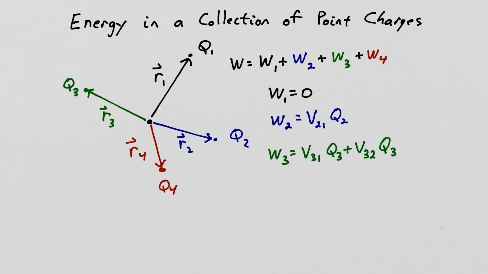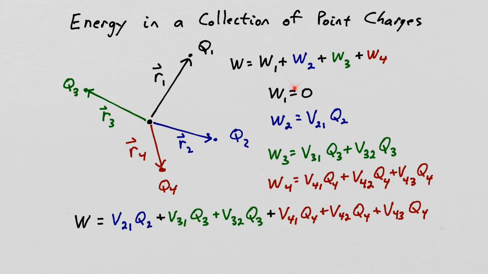So the amount of work to bring in Q3 with Q1 and Q2 present is just V sub 3(1) plus V sub 3(2) times Q sub 3. And similarly to find the work to position Q sub 4 if 1, 2, and 3 are already there. Summing these 4 energies, we get the amount of work to position our 4 charges.